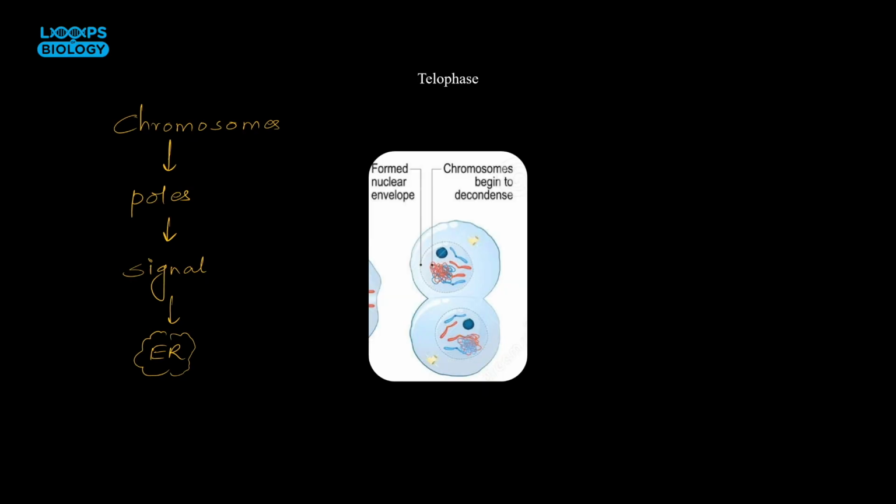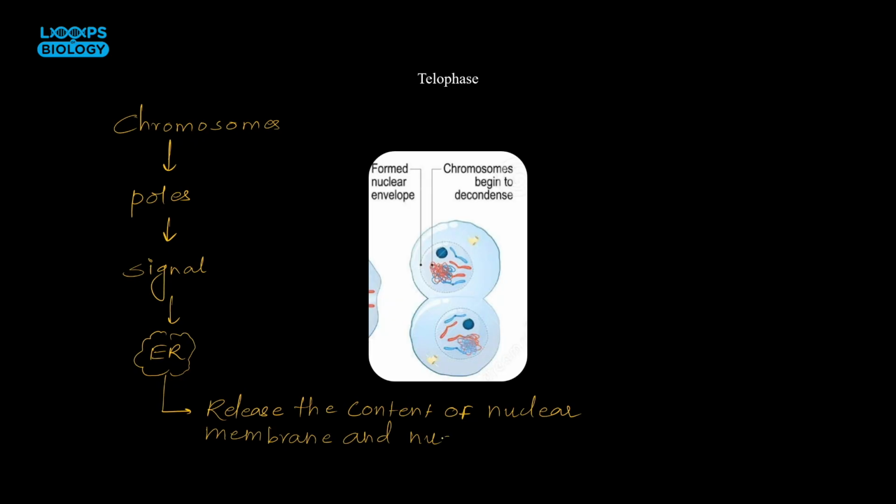Those are nothing but your nuclear membrane contents. So this ER will release the content of the nuclear membrane and nucleolus so that this will start to form a membrane around the separated chromosomes.